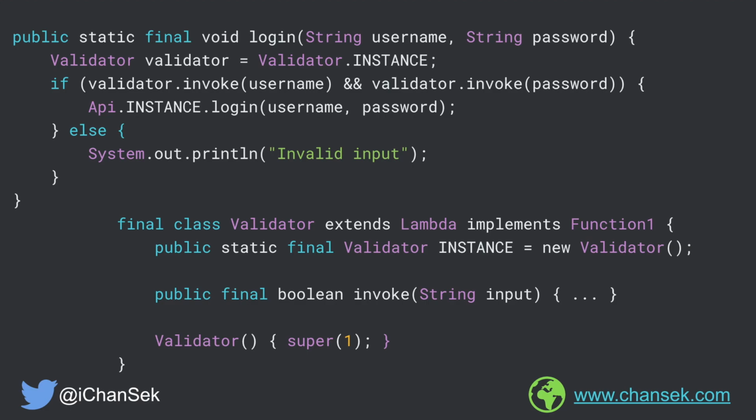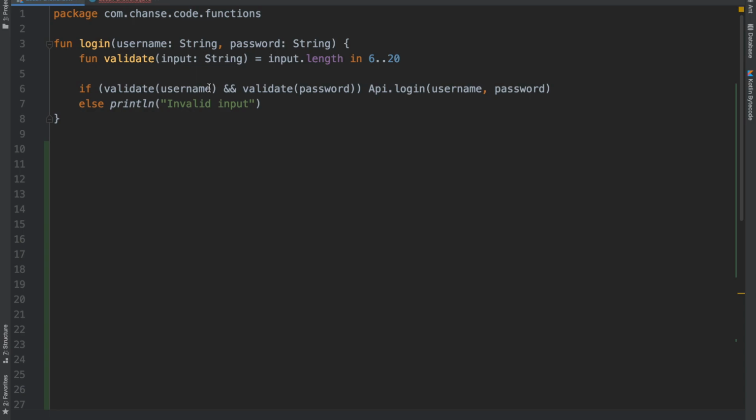But before I wind up this video, let me show you some interesting stuff. And for that, let me go to my IDE. In order to prove that the validate function which is declared locally in the login function makes the Kotlin compiler generate a class to make it JVM compatible, I have taken you to my IDE with the same example.